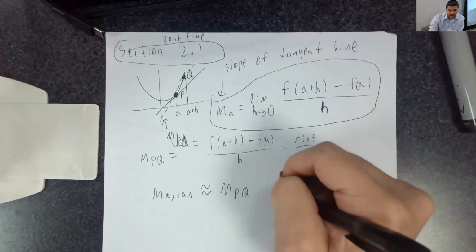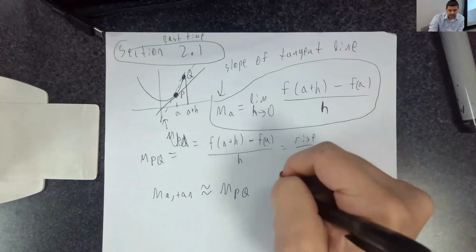Okay. So it's 4.9 times 5.1 squared minus 4.9 times 5 squared divided by 0.1. And let's see, this will end up being 49.49. What are the units? What are we going to get for average velocity?